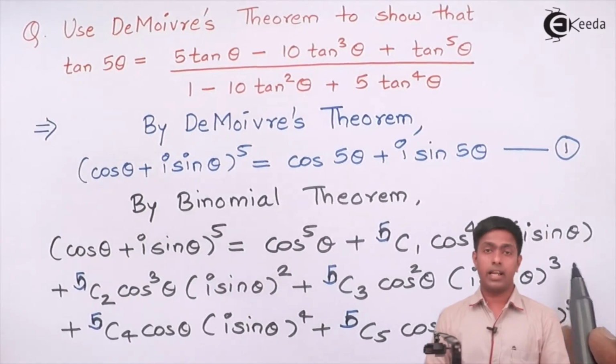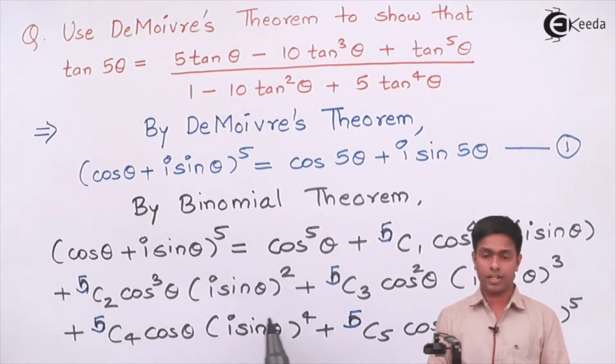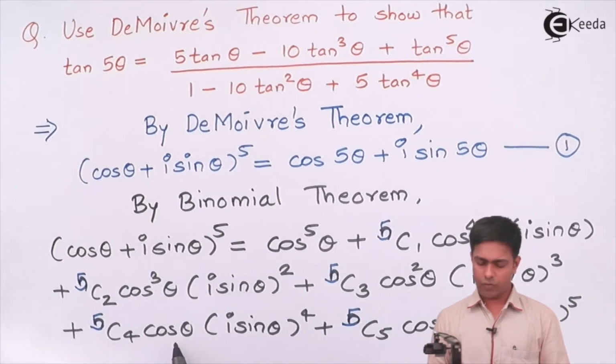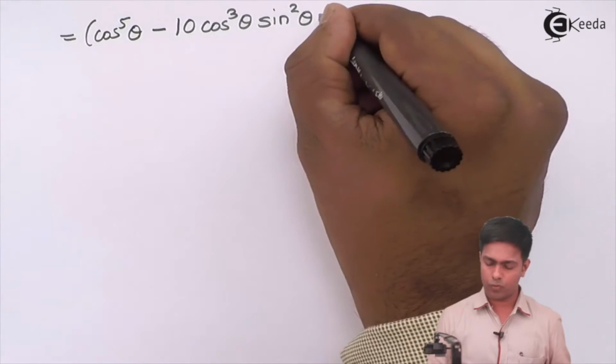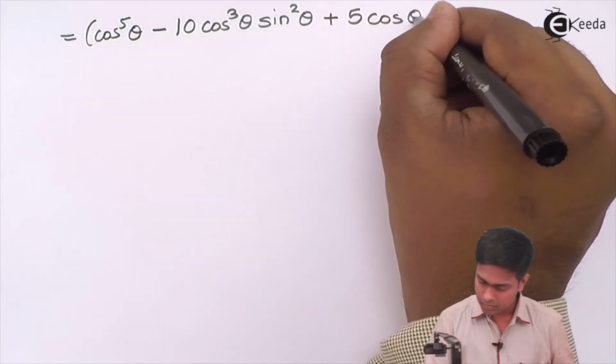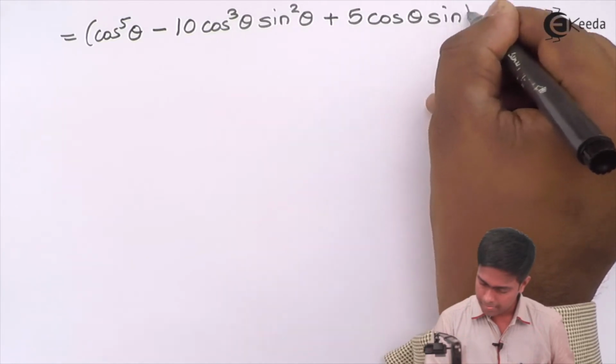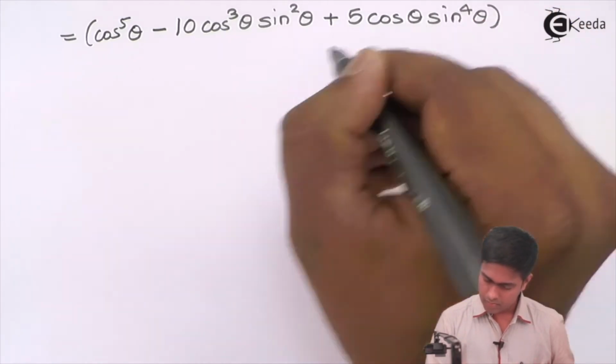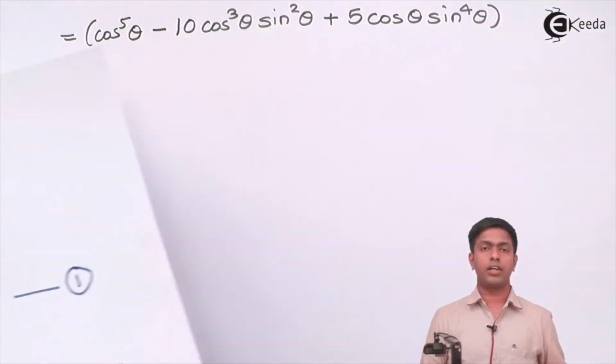This one is again an imaginary term. This is a real term: i raised to 4 is 1 and 5C4 is 5, so 5 cos theta sine raised to 4 theta. So here we get all real terms.